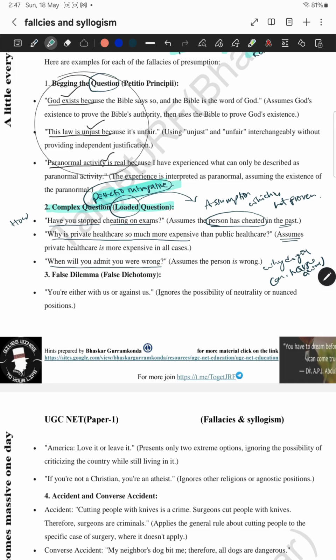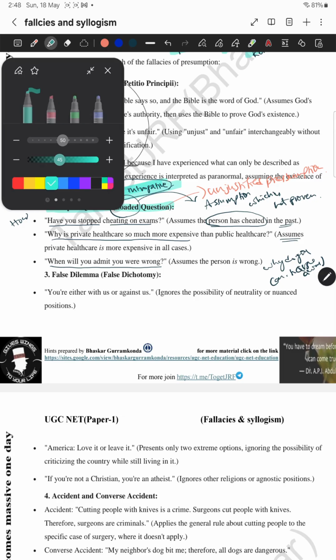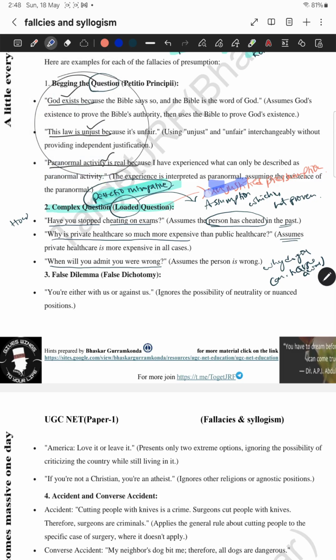We can also say that an assumption which is not proven means unjustified pre-assumption. Justification has not been done for the pre-assumption part.